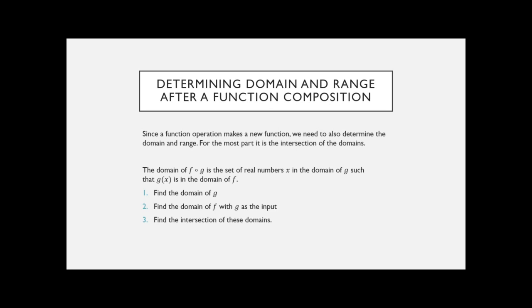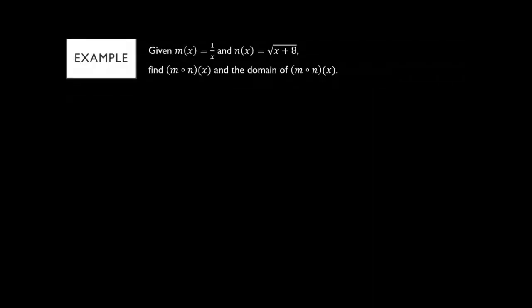So the general steps for doing this is to first find the domain of G, the first one it's going into, and then you use that to find the domain of F. And then you're looking for where these intersect. So this will hopefully make more sense with an example.